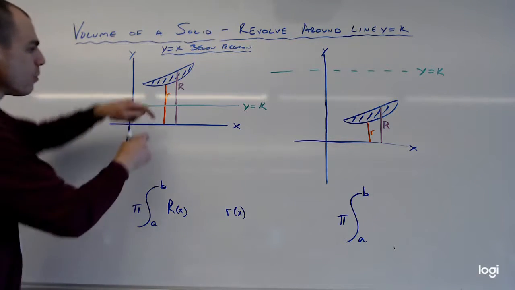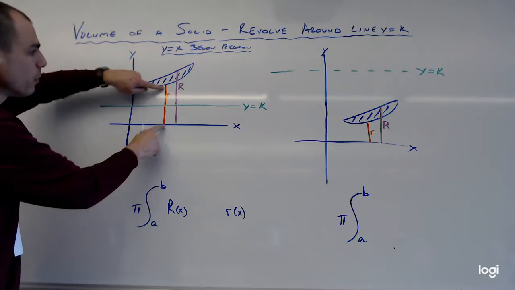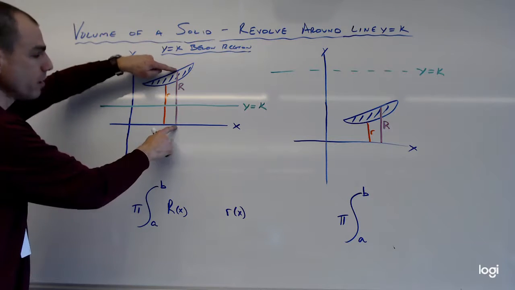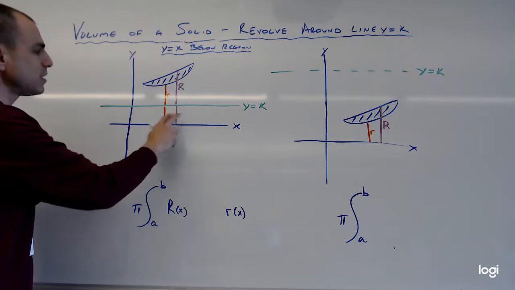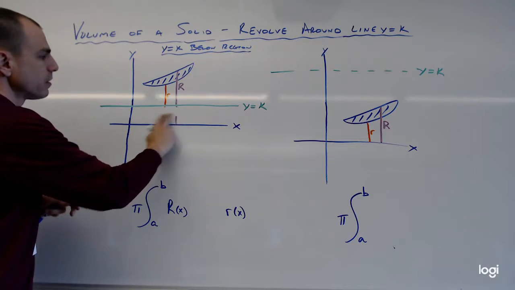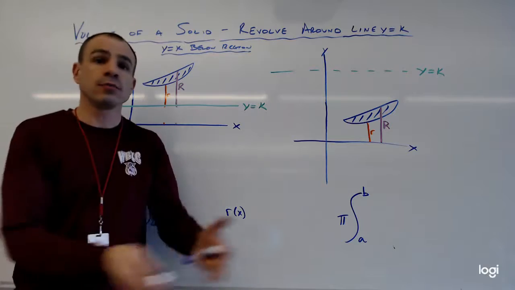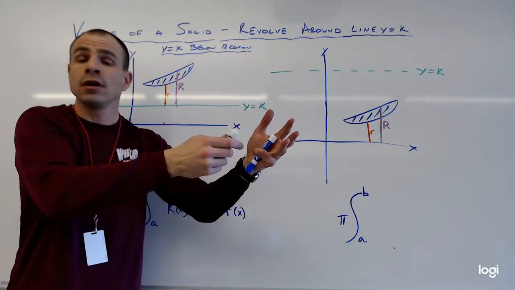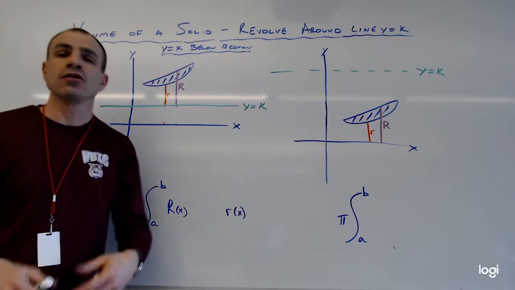Because we don't want the orange to go all the way down here. We don't want the purple to go all the way down there. We want both of the lines to stop at the green. So we need to get rid of that region right there. We need to subtract that region out. We've shortened both the radii, so we have to subtract.